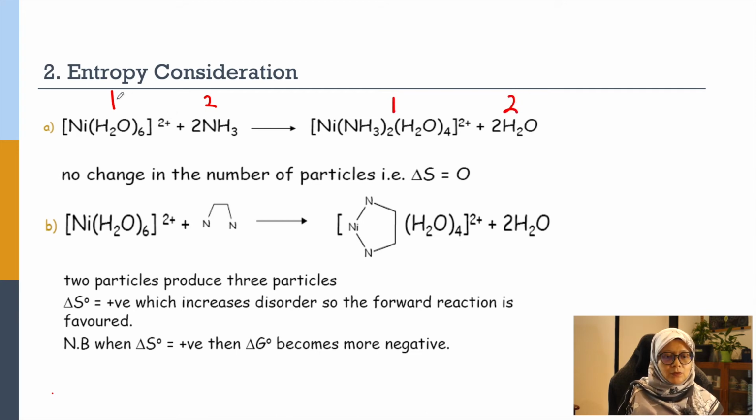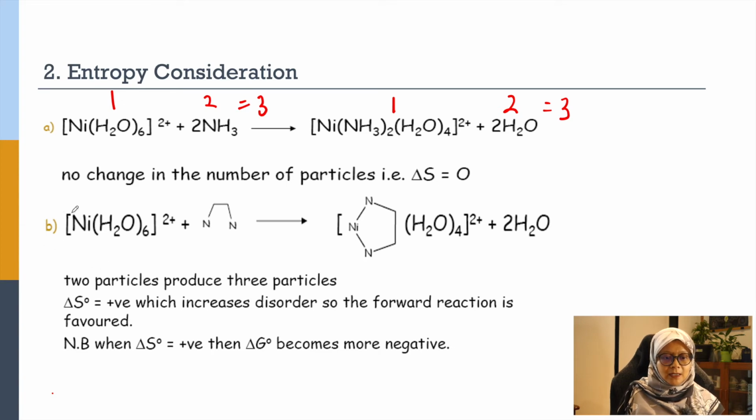So 1 plus 2 equals 3, and 1 plus 2 equals 3. So we have no change in the number of particles. The product and the reactants both have 3.